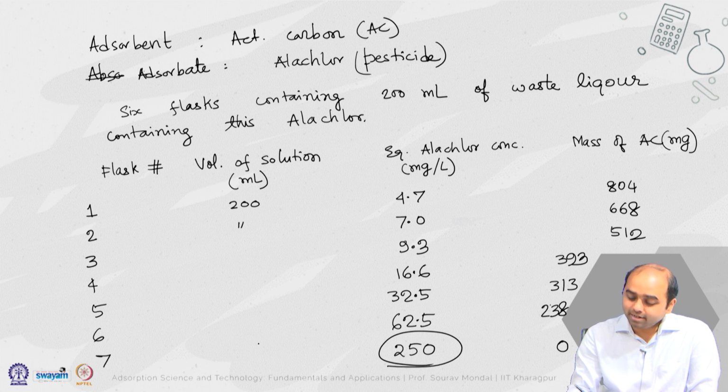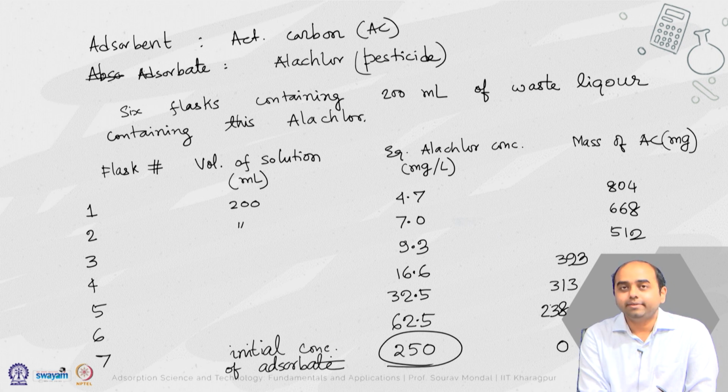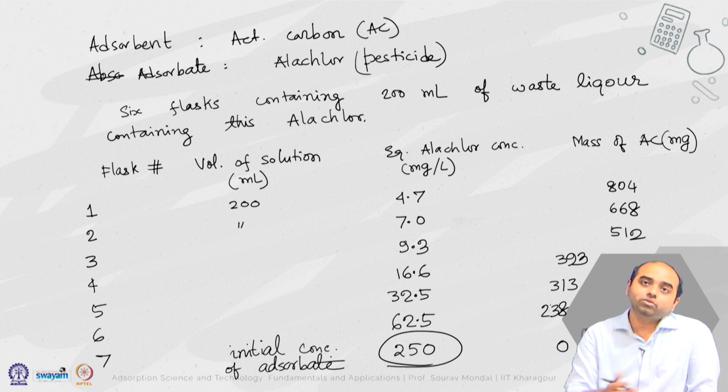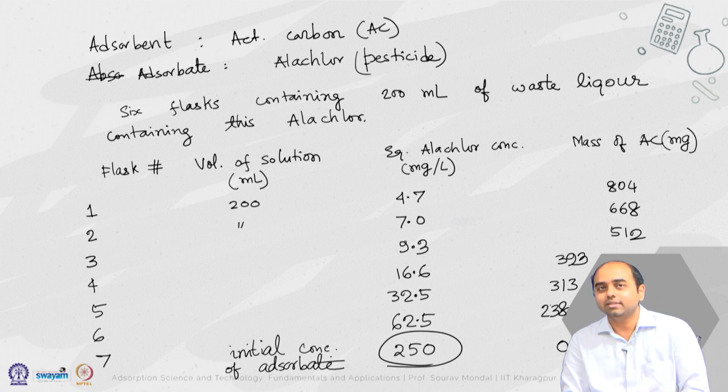So this value can be treated as the initial concentration of the adsorbate, because it is the concentration you get without adding any adsorbent. After adding adsorbent, when you measure the concentrations, you get different levels of equilibrium concentration for different amounts of adsorbent.